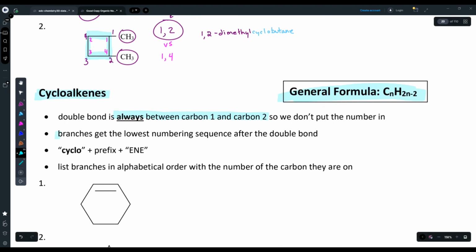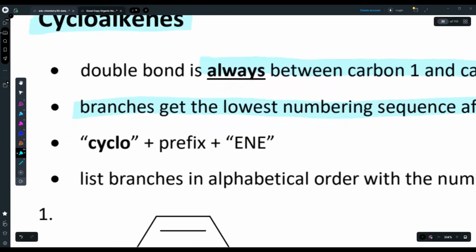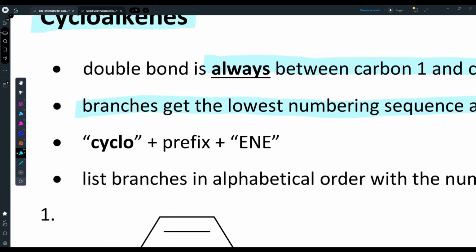Okay, and the branches get the lowest numbering sequence after the bond. The template for cycloalkenes is you're going to start off with cyclo. You're going to use the prefix that tells you how many carbons are in the cyclic compound, and then you're going to make sure to end with ENE because this specifies that we have a double bond.